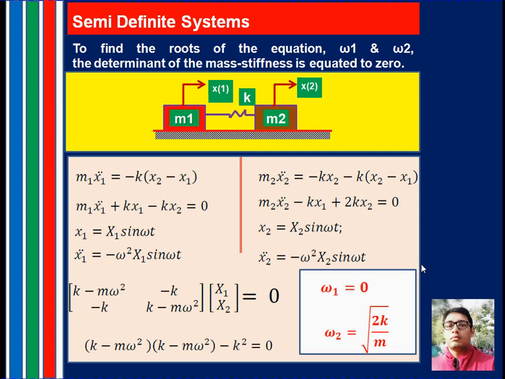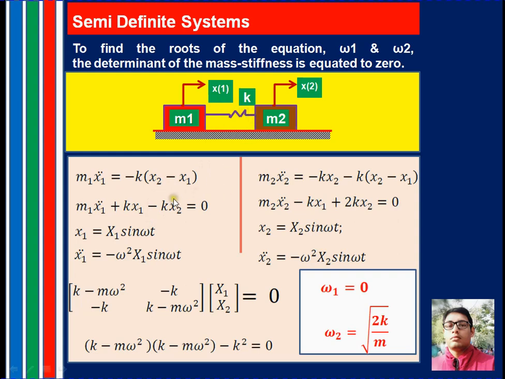The free body diagram we can easily draw. Only two forces will be there on each body: one is the inertia force, the other is the spring force. If x2 is greater than x1, the spring is elongating, so x2 minus x1 into k will be pulling the body towards the right.